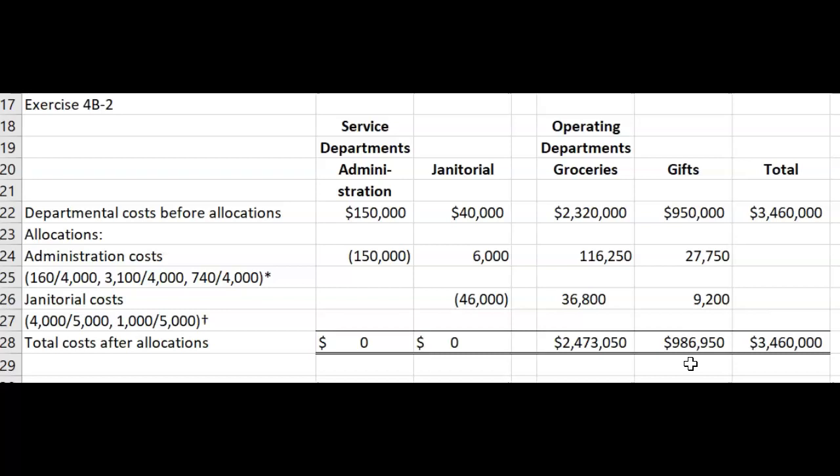This happens too with electric. Electric is often allocated based on square footage, so you would take the total electric and then allocate it based on square footage. These are examples of other allocation processes, not just to operating departments, but all departments.